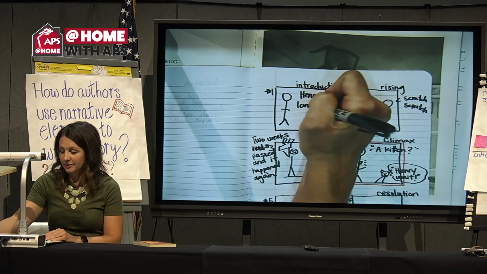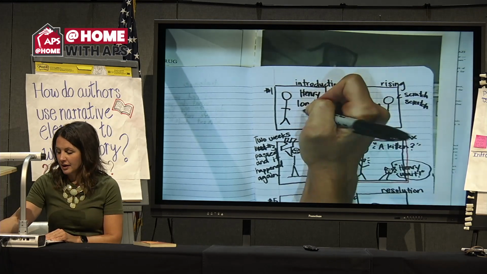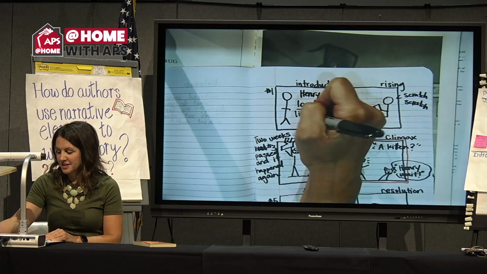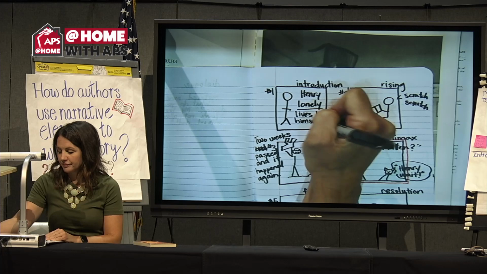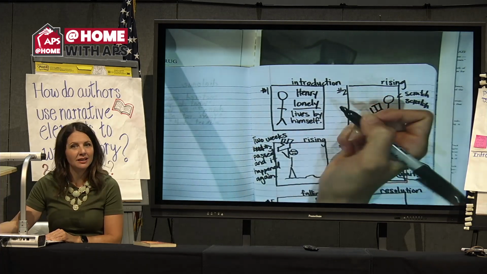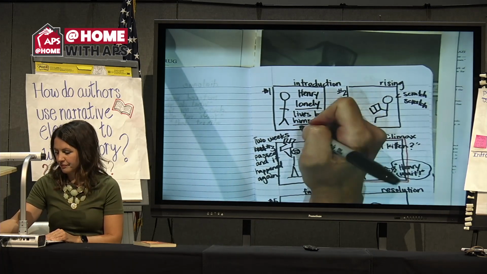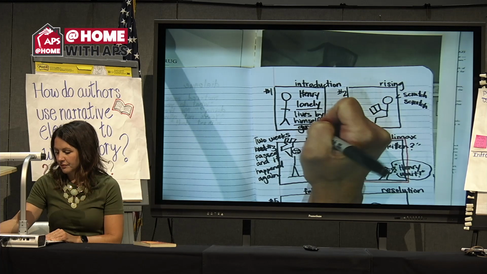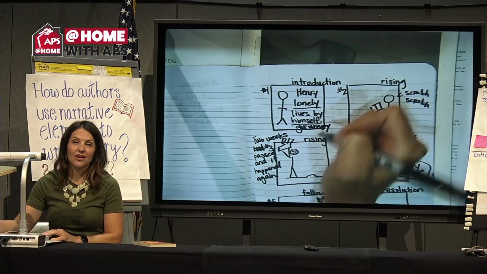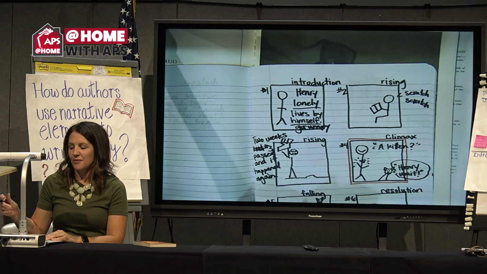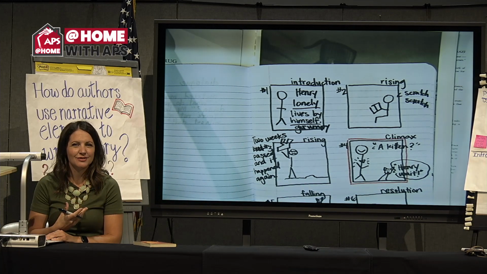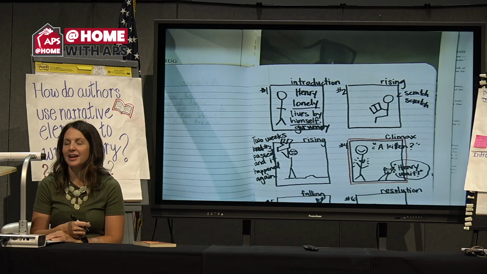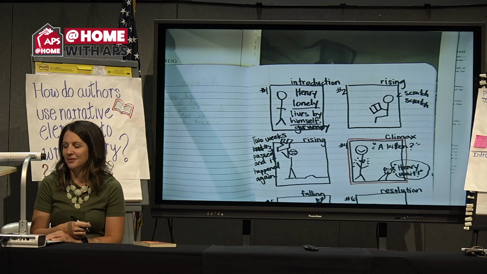He's lonely, lives by himself, and maybe he's even a little grumpy. So this is a story of how when love enters your life, maybe with a pet or a best friend or a family member, you're not so grumpy anymore.